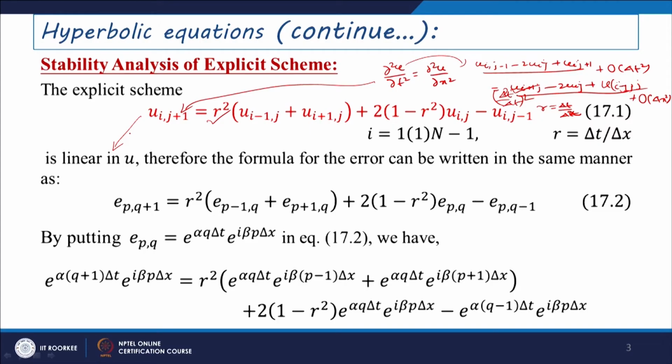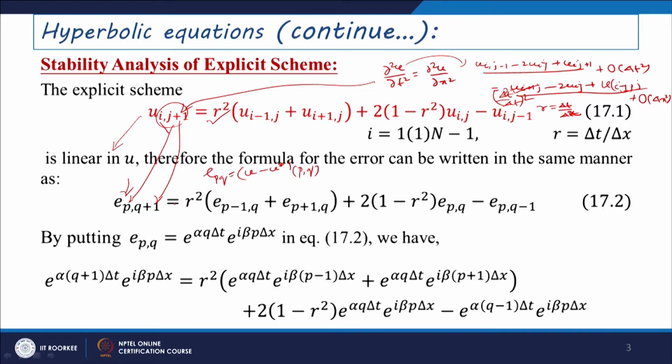If you take this approximated solution minus the true solution, it is written as e of p, q plus 1 based on the i, j plus 1 points. We are replacing i by p and j plus 1 by q plus 1, where e of p q can be written as u minus u star at the p q point.